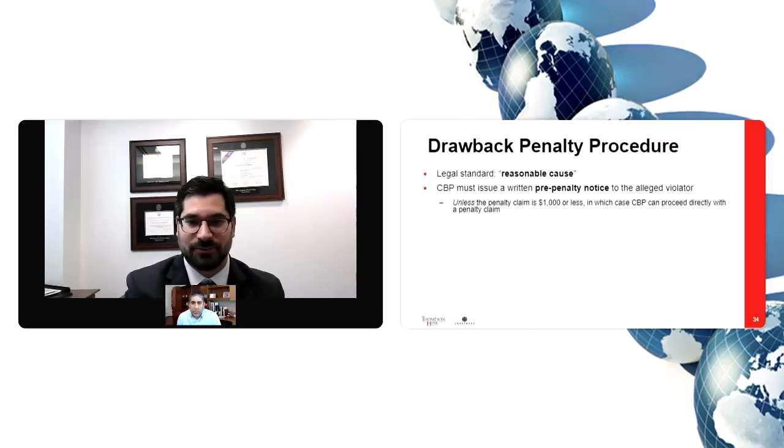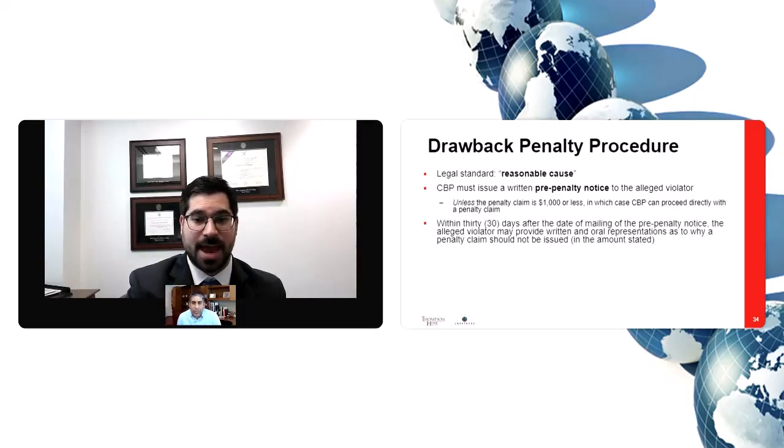But let's just assume, for the sake of argument, that in this case, it's going to be more than $1,000, right? In that situation, CBP sends a written pre-penalty notice, and the recipient then has 30 days to effectively contest that. They can contest the penalty claim, and they can contest the amount stated within that penalty claim.